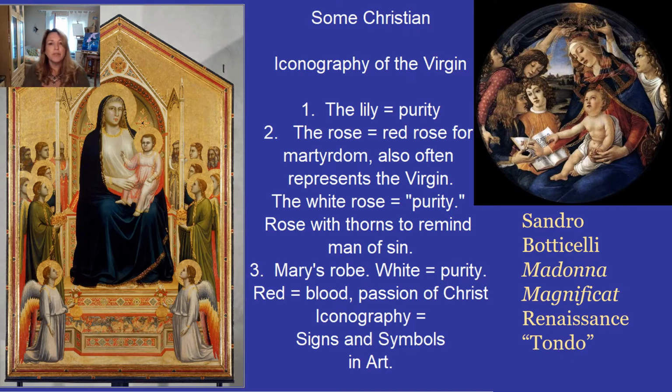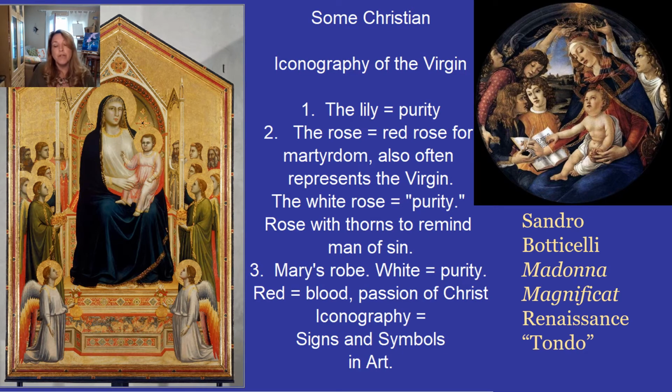Okay, let's move on. Some Christian iconography. You have a lily for purity, a red rose for martyrdom, blood, also sometimes represents the Virgin, also sometimes a symbol of Christ. A white rose, purity. You can figure out some of these.